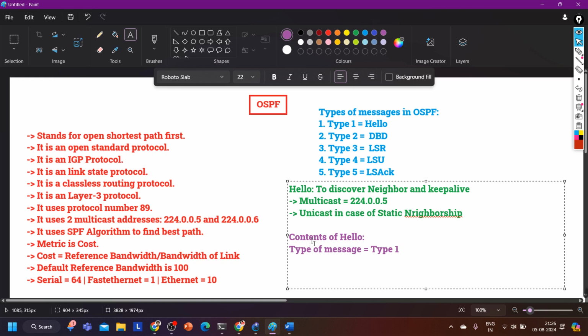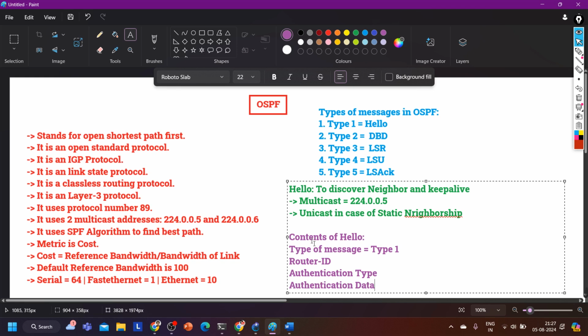Then there will be information about the router ID, and today we are going to learn the router ID as well. Then hello message will carry authentication information, authentication type. We have multiple types of authentication in OSPF. Then authentication data, means the password.